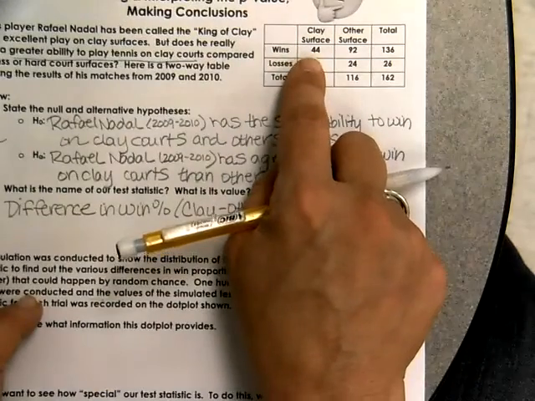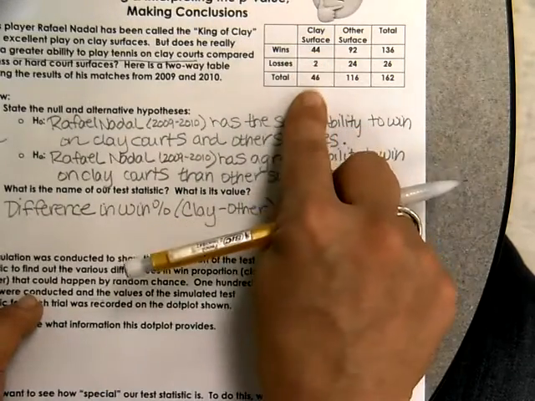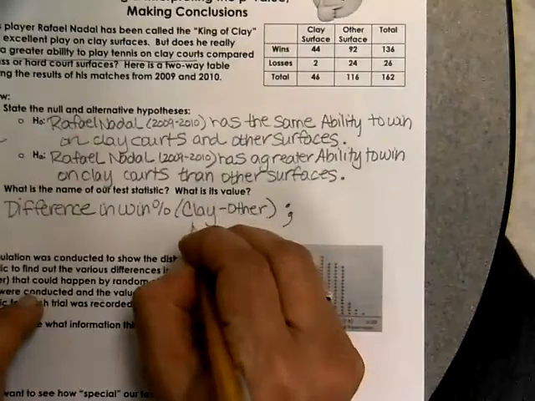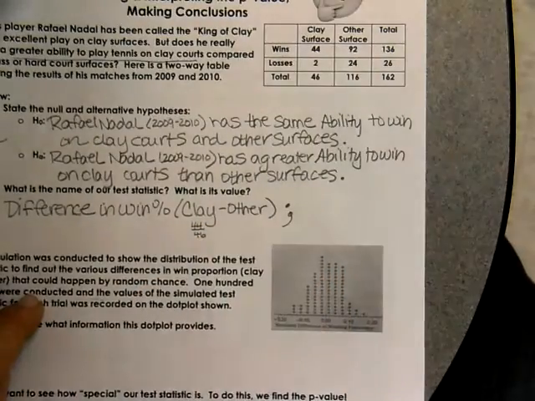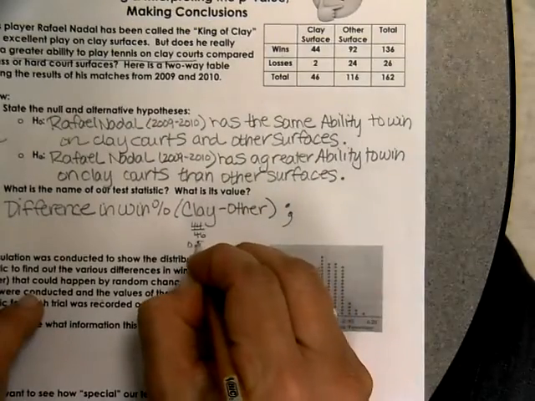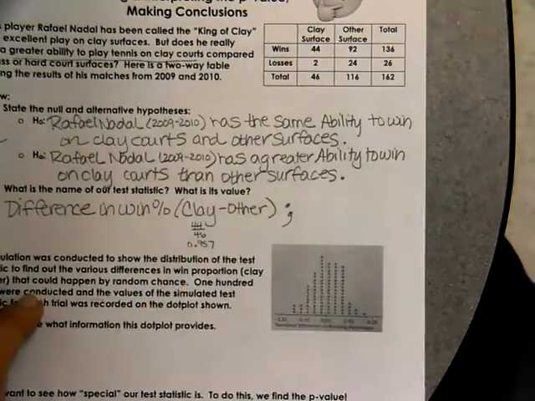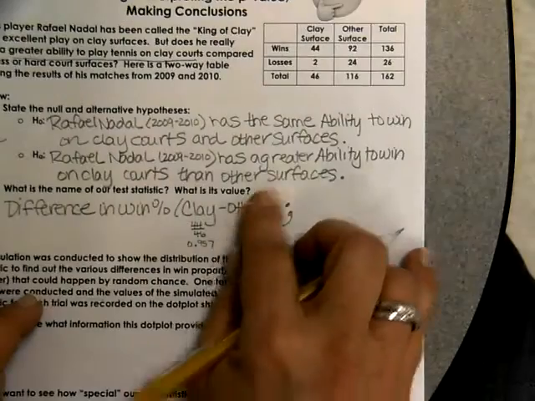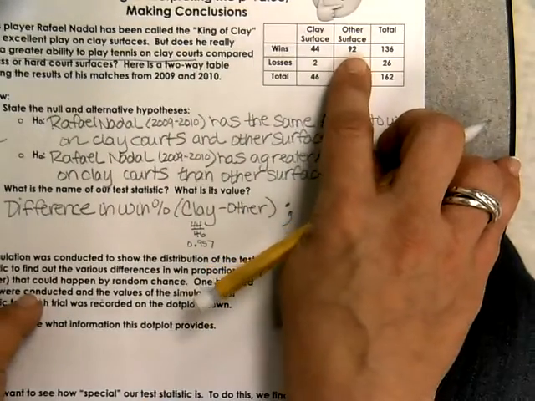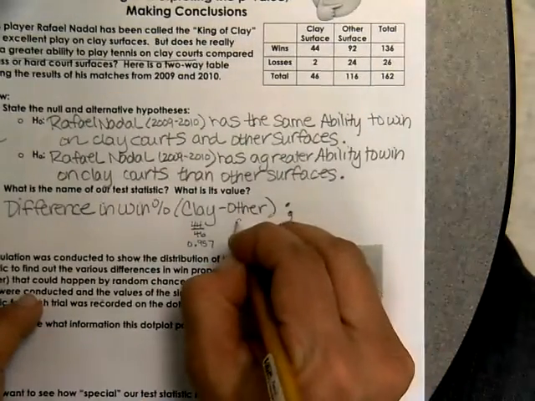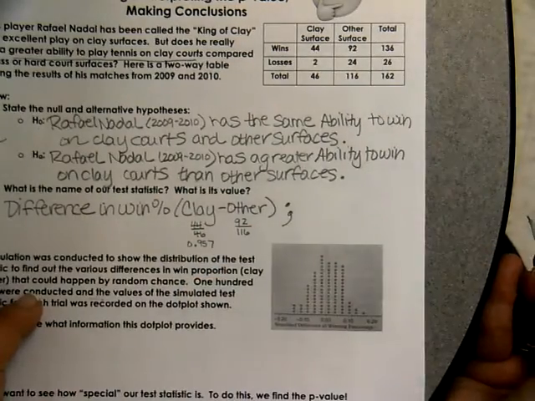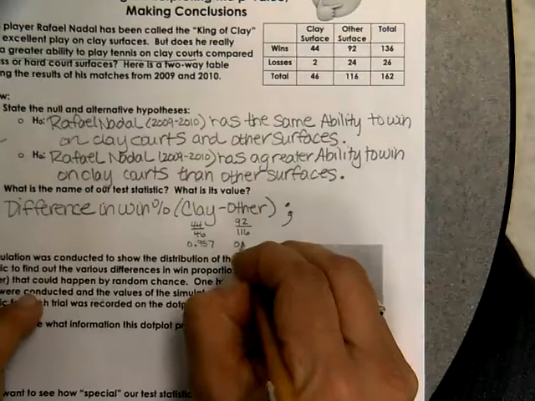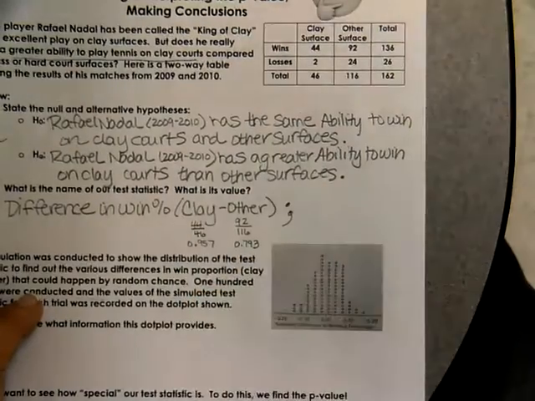So the winning percentage on clay is 44 wins out of 46 total. So 44 out of 46. If you were to divide that, you'd get 0.957. And the other winning percentage is 92 wins out of 116. So we would take 92 out of 116, and that gives us about 0.793.